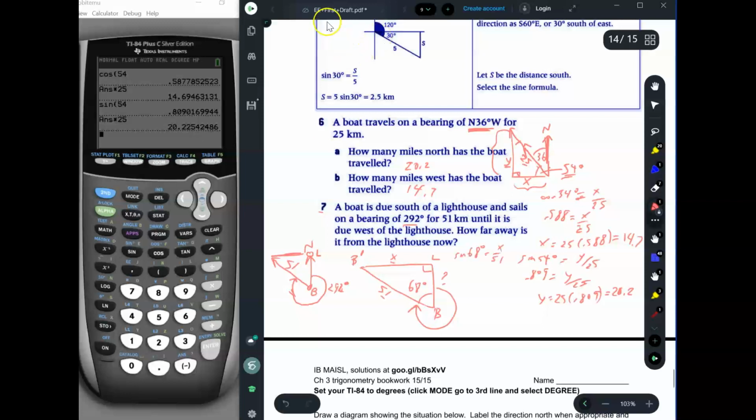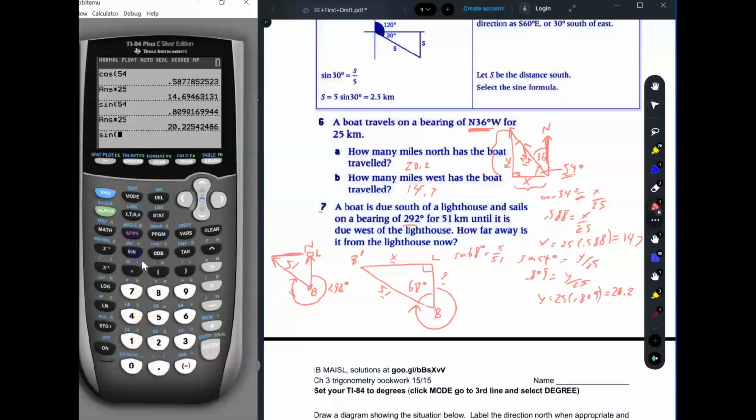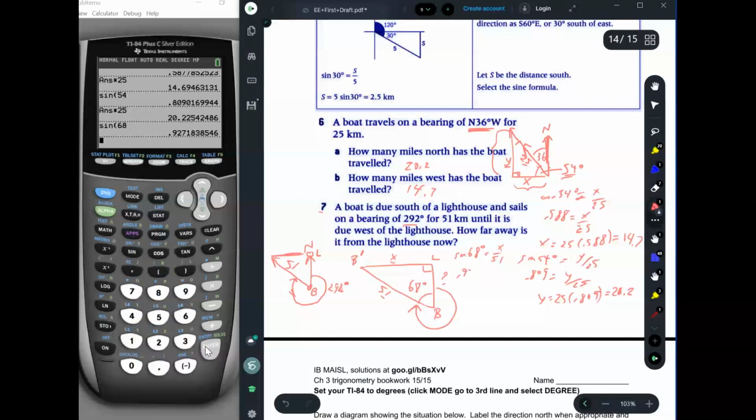And the sine of 68 degrees is 0.927. So I'm going to write that down. 0.927 equals x over 51. And then I'm going to multiply the 51 over to the 0.927. So I'll get x equals 51 times 0.927.